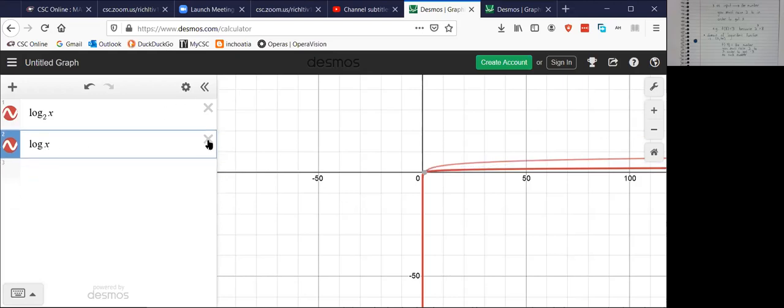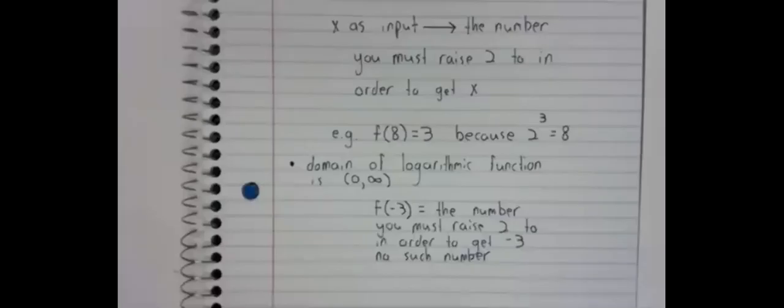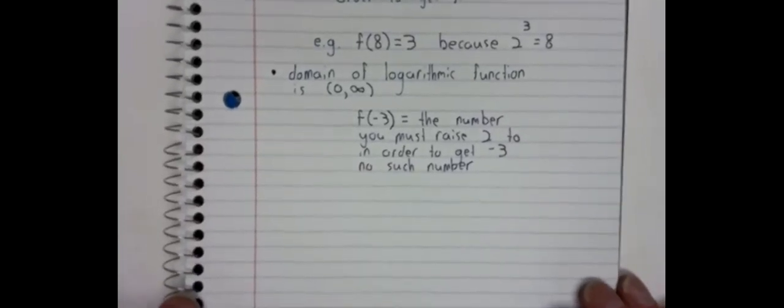All logarithms have what we call a vertical asymptote. And again, under normal circumstances, we'd have already talked about vertical asymptotes because we would already have talked about polynomials. These are not ordinary circumstances. What is a vertical asymptote?